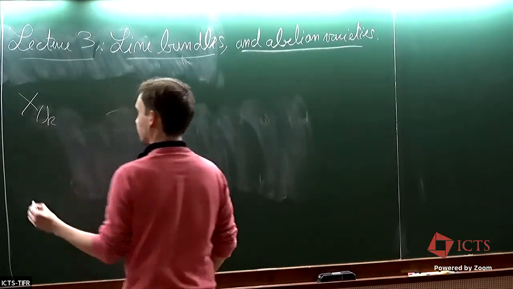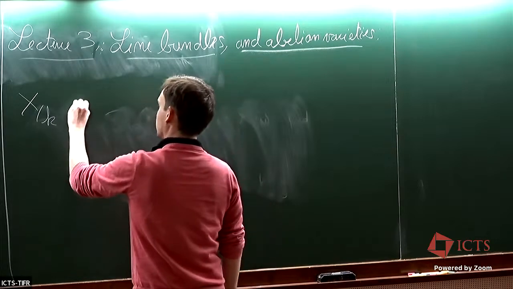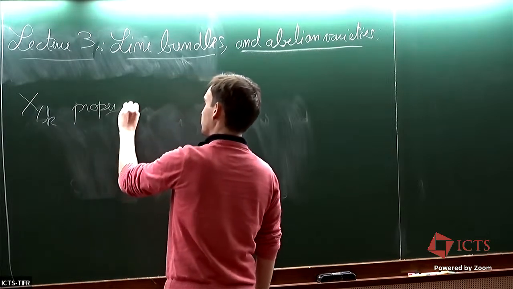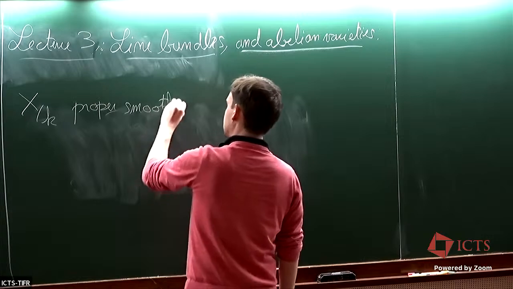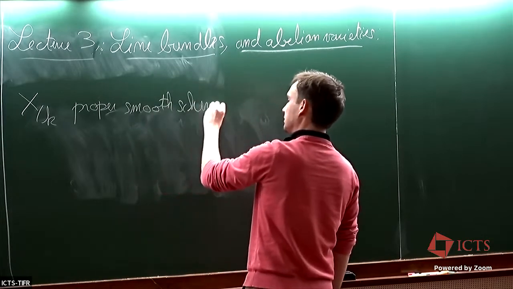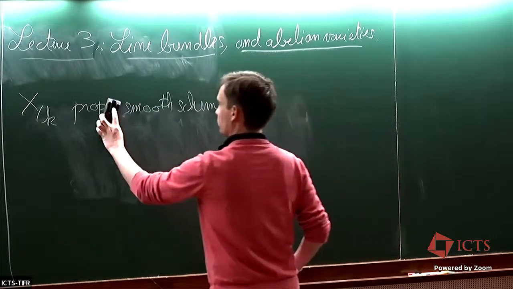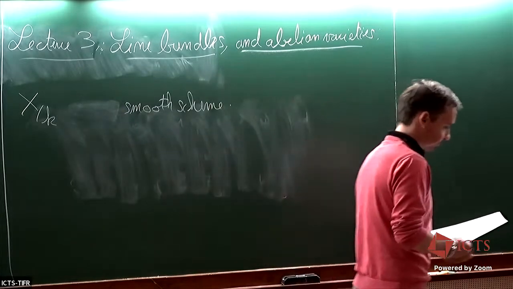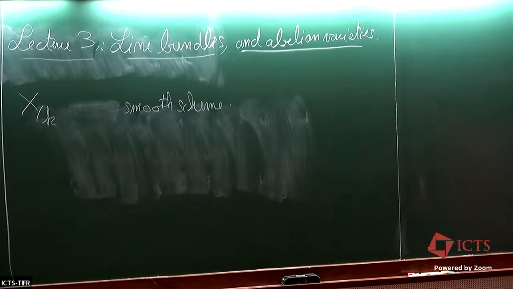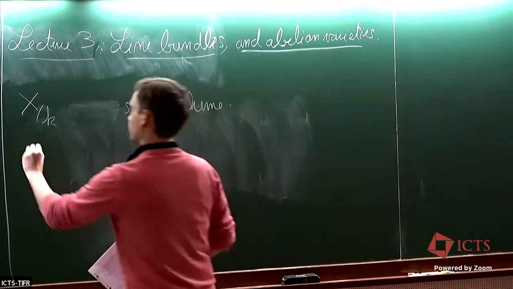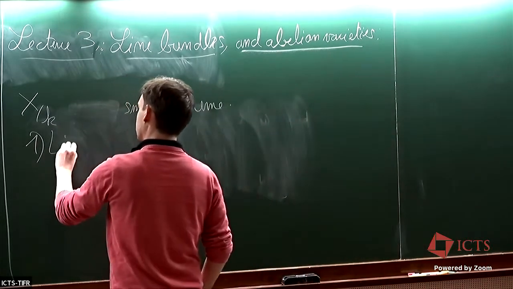So let's start with X over k, a smooth scheme over a field k. Okay, maybe not proper, just smooth should be fine. I'll first give reminders of line bundles, as I said.